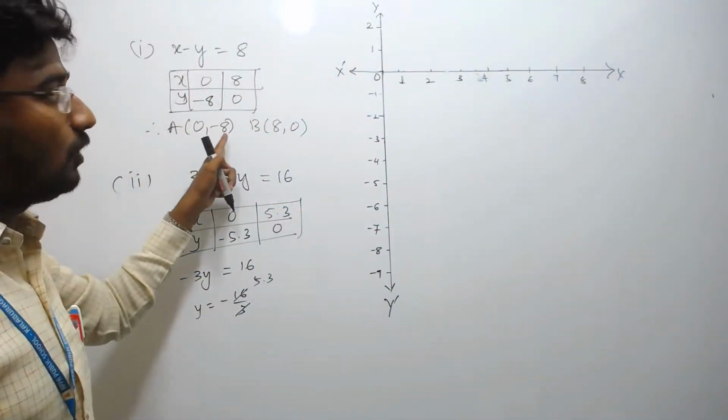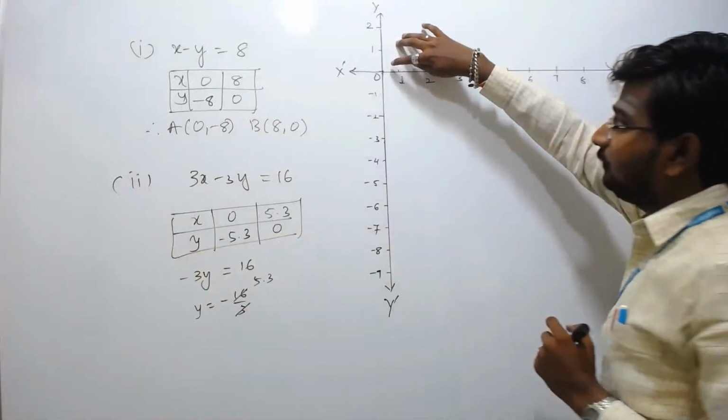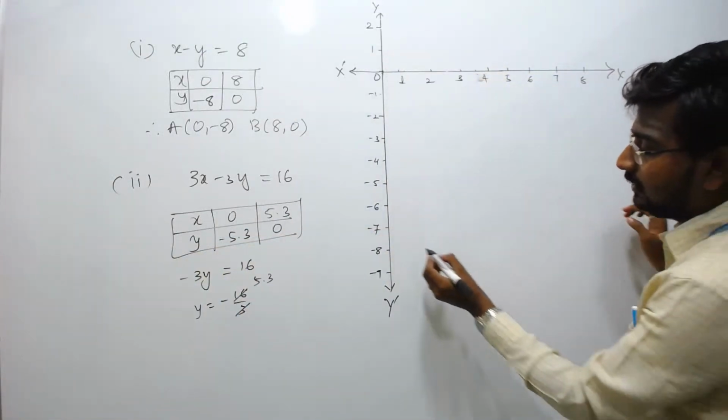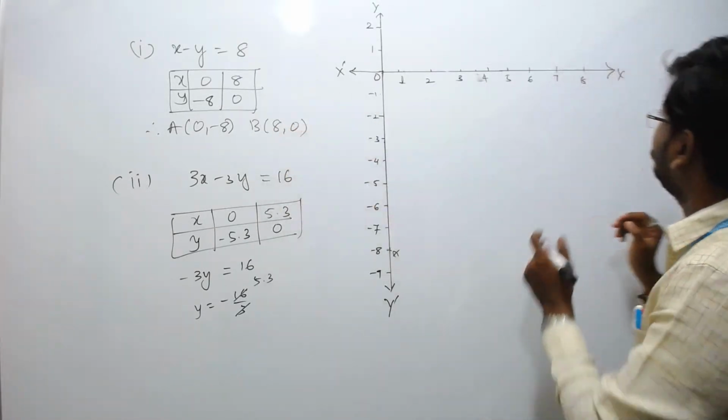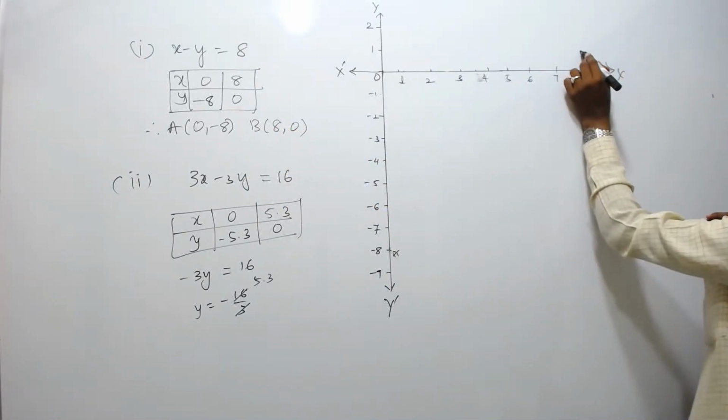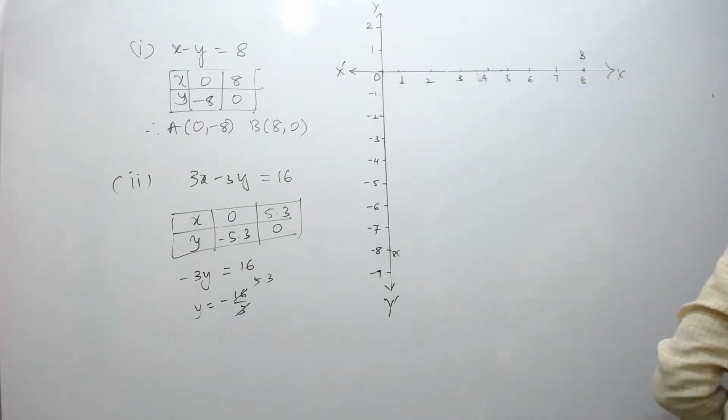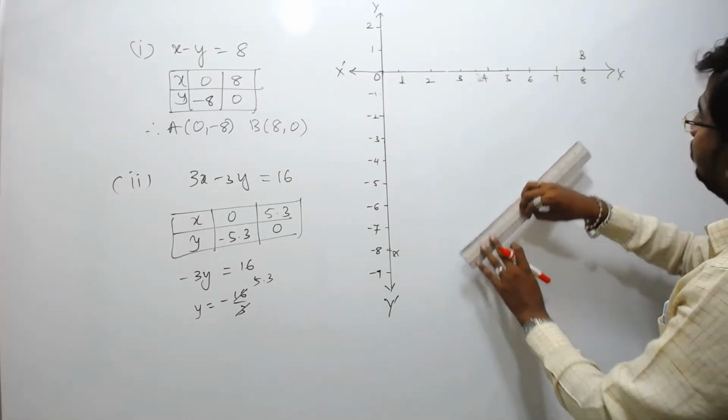X value 0, minus 8. X value is 0, and here it is minus 8. So this is point A. Next 8, 0, somewhere here, point B. I will take blue ink, or I will take red better. So whether it will join, let us see.